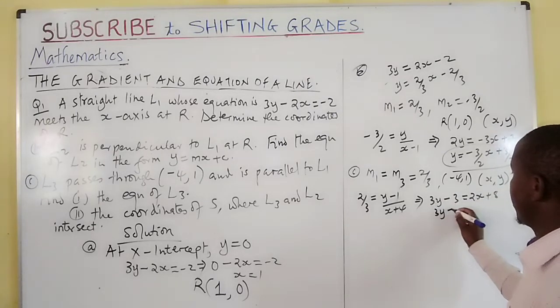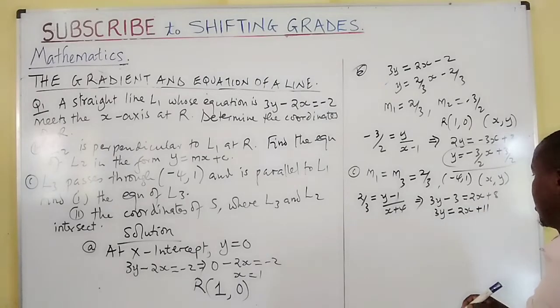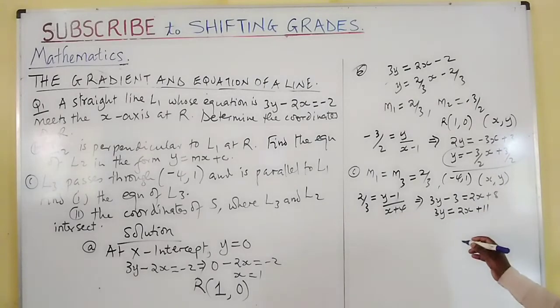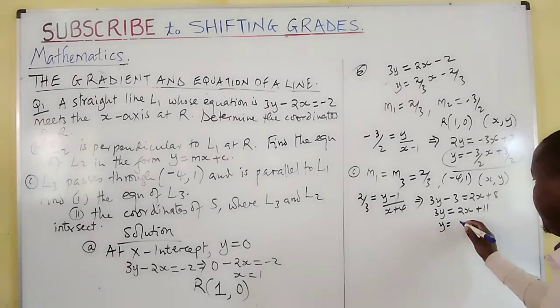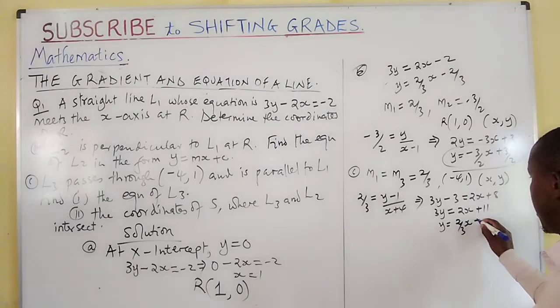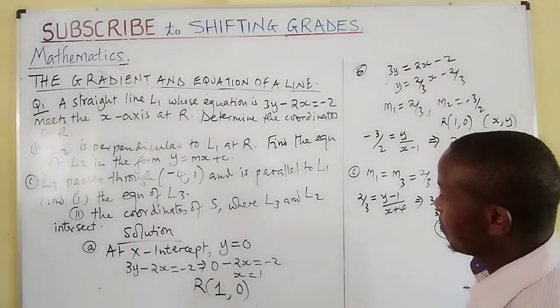So 3y is equal to 2x plus 11. Now simplifying it to the form y equals mx plus c, y is equal to 2 over 3 x plus 11 over 3. So this is the equation for that line in the requested form.